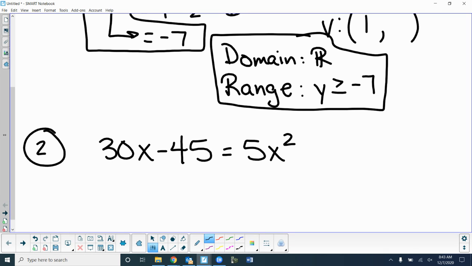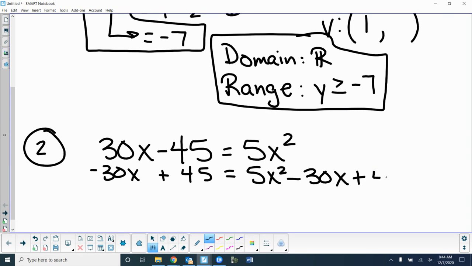Positive. So I'm going to leave that 5 on the right and move the other 2 on the left with it. Okay? So I'm going to subtract the 30x and add the 45. And I'll put my 0 on the left side instead. So it's 5x squared minus 30x plus 45.